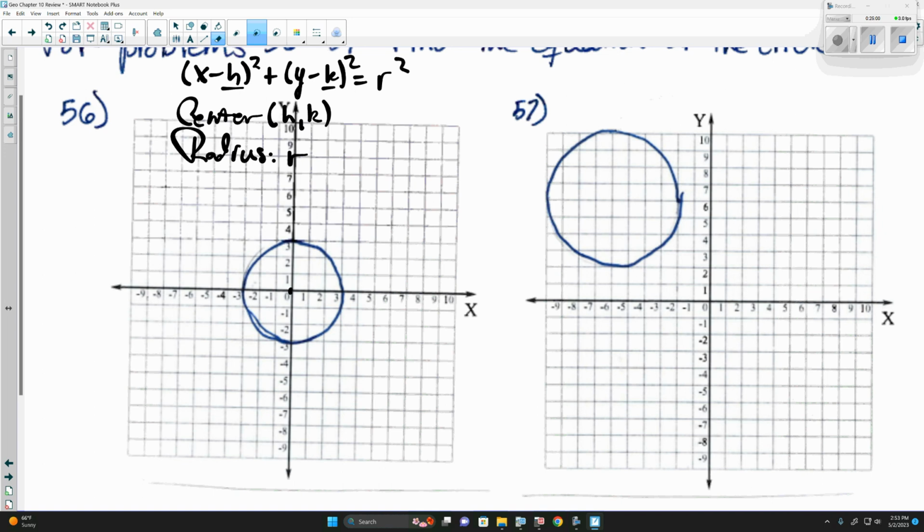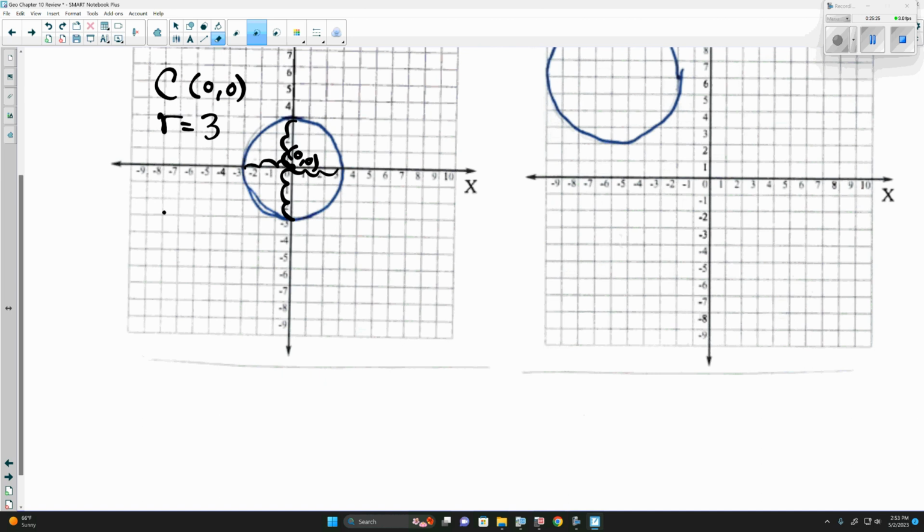Now, if we look at this one here, the center of the circle is 0, 0. And we know that because if we count 1, 2, 3, 1, 2, 3, 1, 2, 3, 1, 2, 3, it's at the center. So the center for this one here is 0, 0. And the radius would be 3.